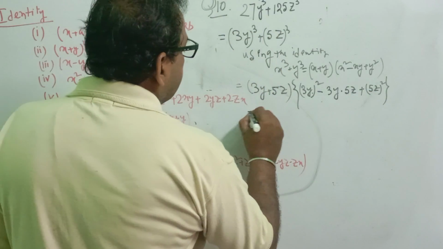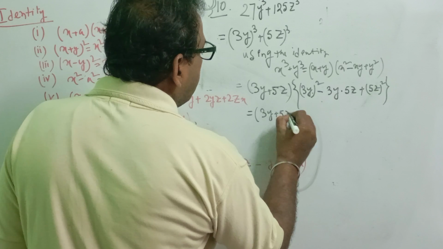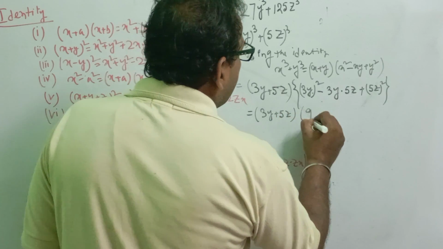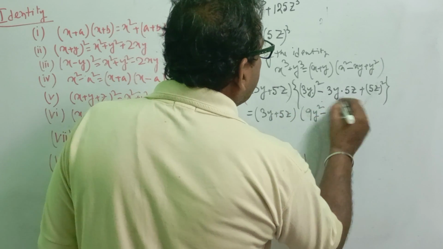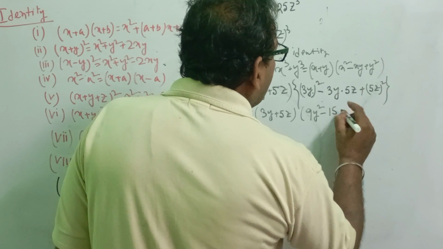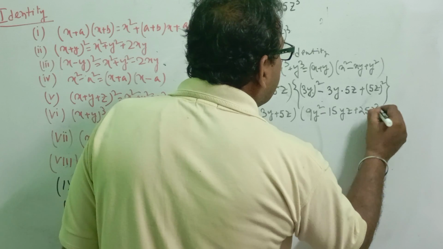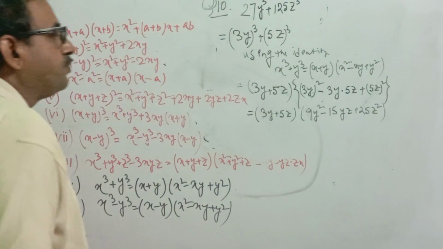Now what is coming? 3y plus 5z into 9y square minus 15yz plus 25z square.